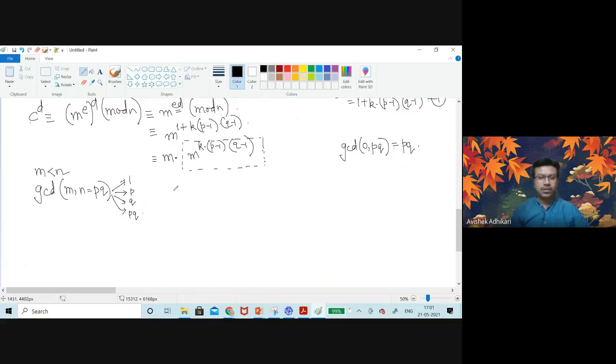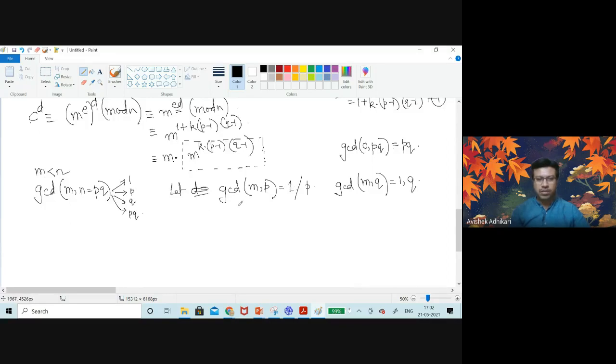So let us first consider GCD of m and p: it is 1, or it may be p, right? Similarly, GCD of m and q could be either 1 or q. So how many different choices could we have? 4 different choices.